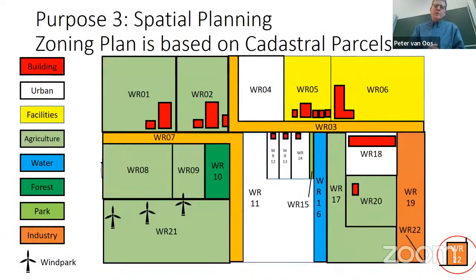And the third purpose is to use land administration as a basis for spatial planning. Here you see the areas with their land use. Yellow is municipality functionalities, schools, offices of the municipality, light green agriculture, blue is the water.